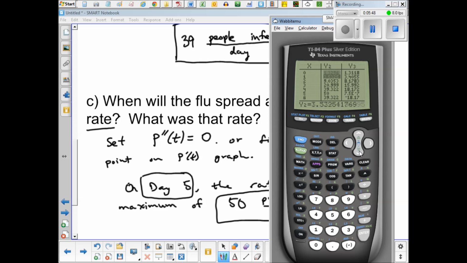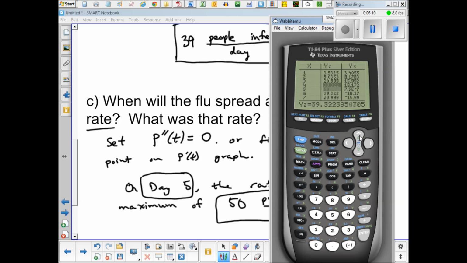So we're looking for 0 in the third column. Well, there it is, right there. 7.5 times 10 to the minus 7th is close enough to 0. You can see in this column that the rate went 1, 3, 9, 20, 39, 50, 39, and then it just goes down from there. In fact, it seems symmetric.